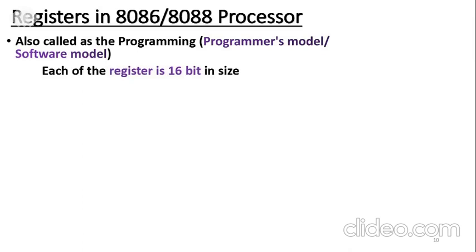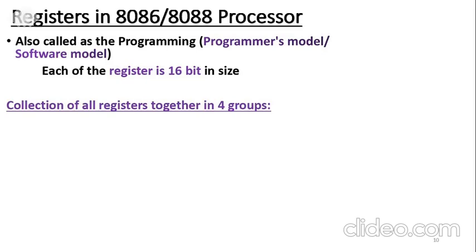In case of 8086 or 8088, size of each of that register is 16-bit. It is just because both the processors are 16-bit processors here. And one of the criteria to define it as a 16-bit processor is the size of each general purpose register, and that is equal to 16-bit.